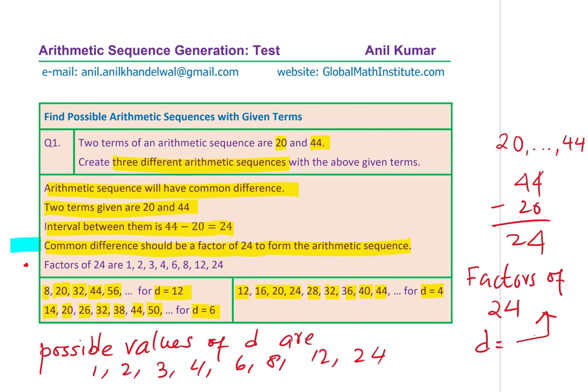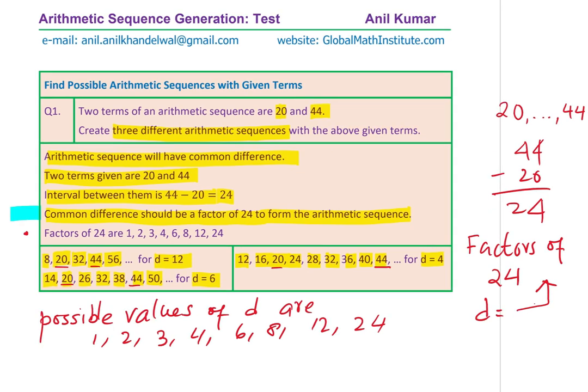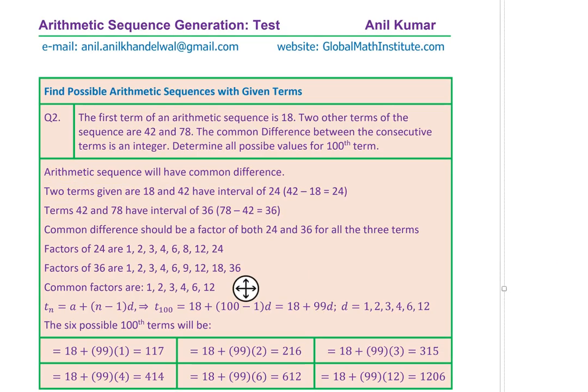Cross 44 since you need to have these two terms within your sequence. Is that clear to you? So like this, you can make many sequences. Perfect? Okay. Now, let's see the second question, which is kind of related, a slightly difficult question.